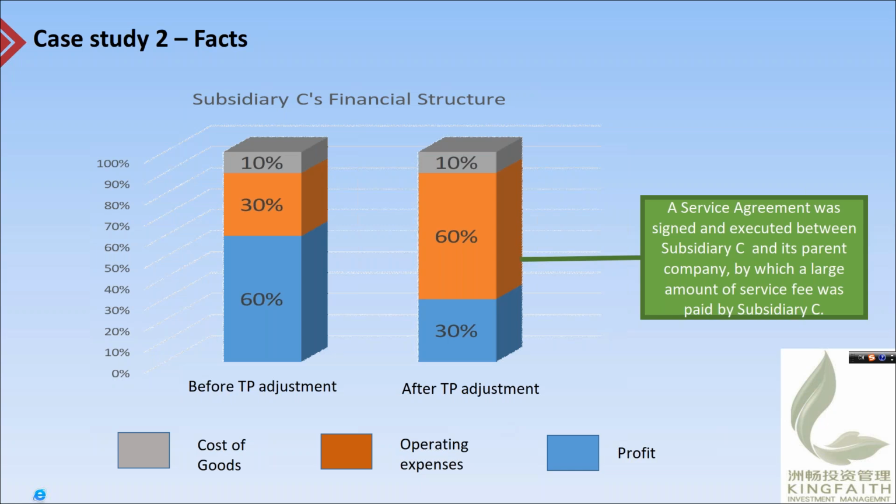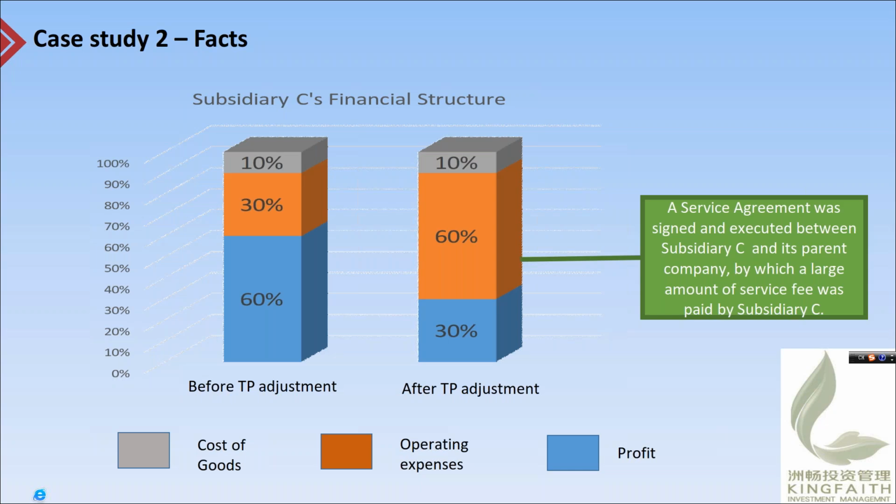Actually, the profit remains the same, 10%, and the blue box is about cost of goods.